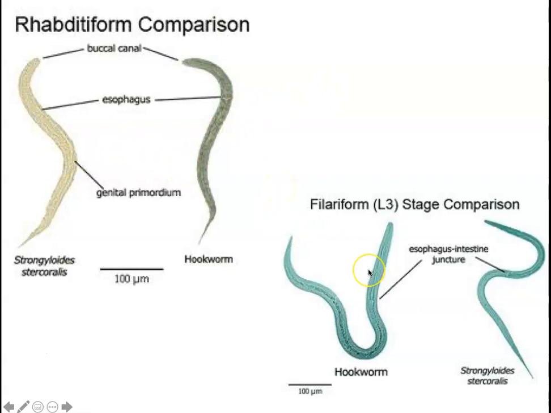The hookworm filariform larva has a pointed tail, and the Strongyloides stercoralis filariform larva has a notched tail. Again, I know you can't tell this in the picture, but you need to know that fact. And then we just talked about how to differentiate hookworm and Strongyloides rhabditiform larvae by the buccal cavities and genital primordiums.